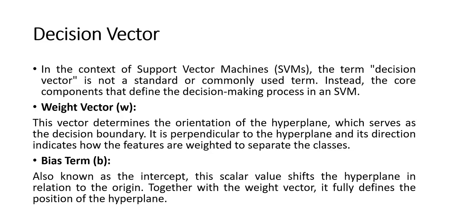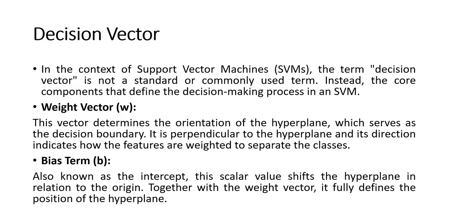If you are learning machine learning or preparing for university exams, today's video is going to clear one of the most confusing topics in support vector machines, that is the decision vector. Many students search for the meaning of the decision vector, but here's an interesting fact: decision vector is not actually a standard technical term in SVM.